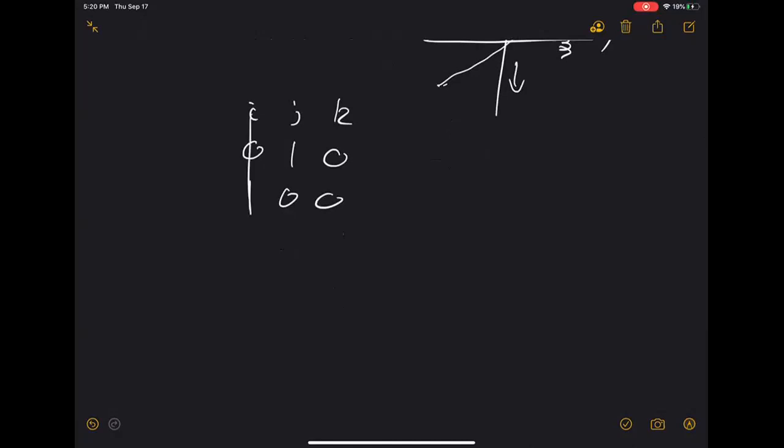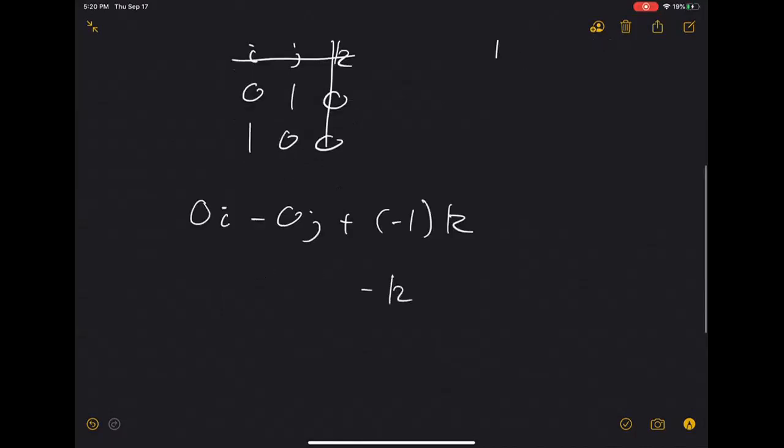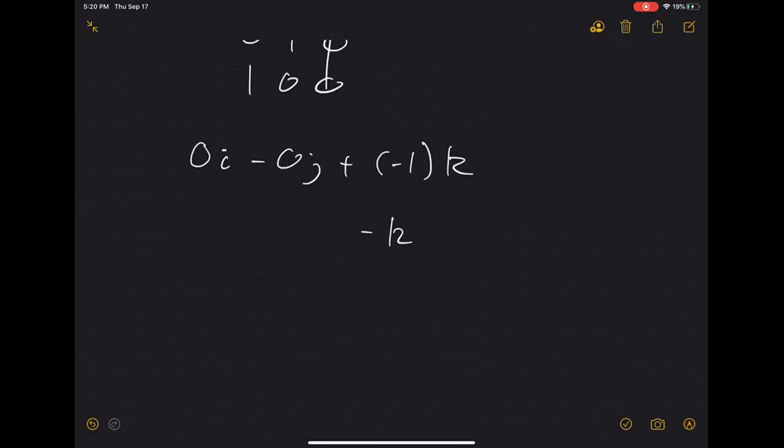So I would have 0i, minus 0j, plus negative 1k. So negative k, and that is pointing in the negative z direction.